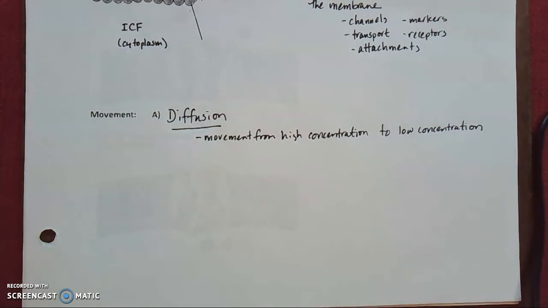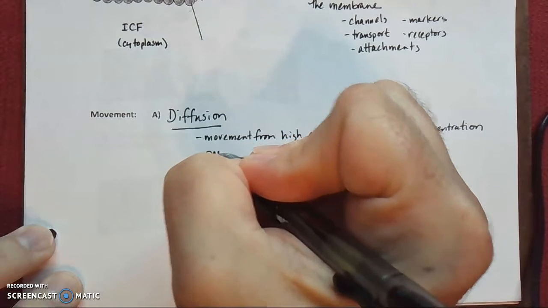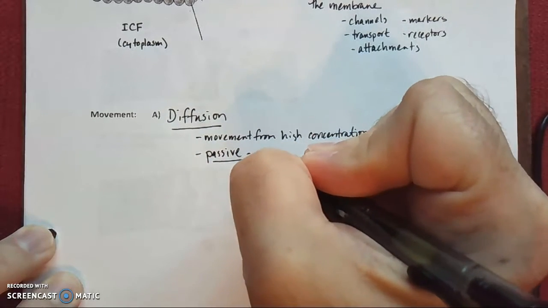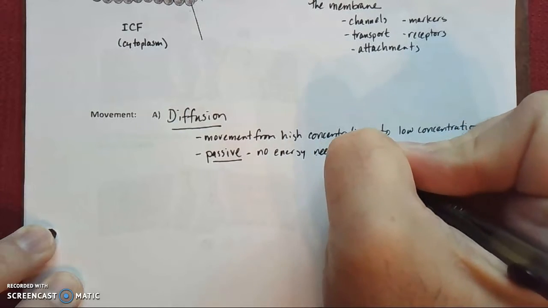So if a substance is in a high concentration in one area, it automatically moves without any energy expenditure and spreads throughout an area. This is most common when we're talking about liquids and gases. So this is termed passive. And what passive means is no energy needed or required for this to occur.